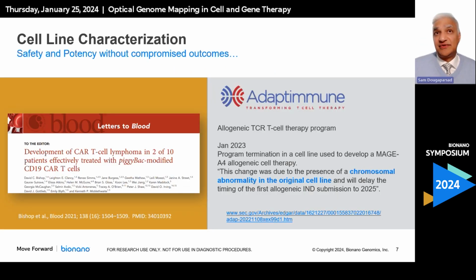And when quality control for cell characterization is poorly designed, catastrophic outcomes may occur. On the left-hand side, a report of a critical cancer development in recipients of CAR T-cell therapy leading to one fatality. On the right-hand side, a report of improper cell characterization for an allogeneic cell line for cancer treatment that ended up not being what the developers thought it should be, causing a tremendous loss in investment and the termination of the program.